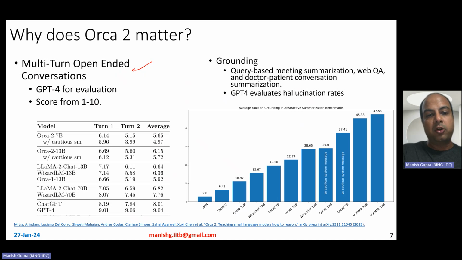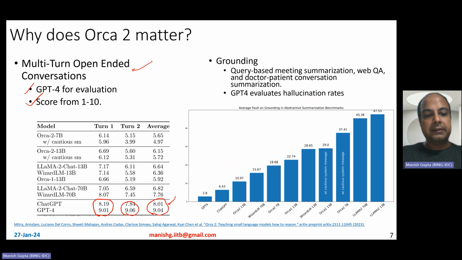Based on the two responses, GPT-4 is used for evaluation and gives a score of 1 to 10 on each response. What you observe here is that in general, GPT-4 and ChatGPT perform the best, of course, on both turns.